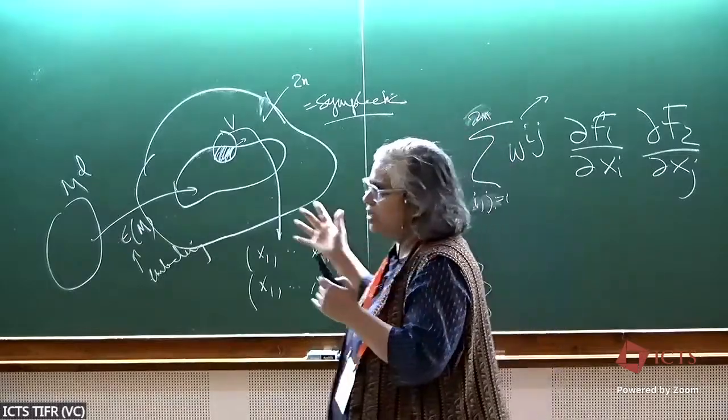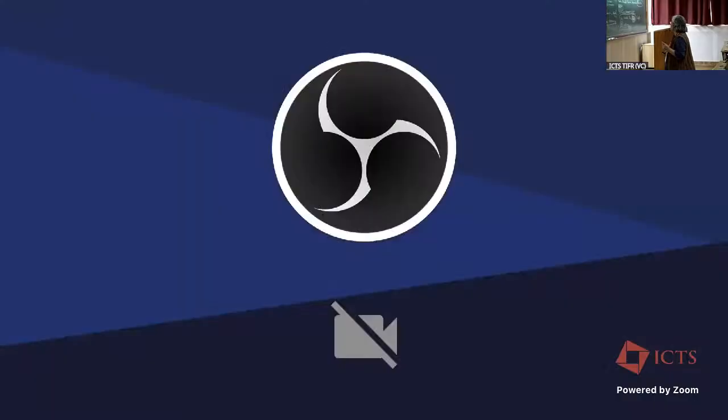And I want to somehow restrict this to the lower dimensional manifold. It could even be odd dimensional. So what we do is we just restrict it to epsilon m.